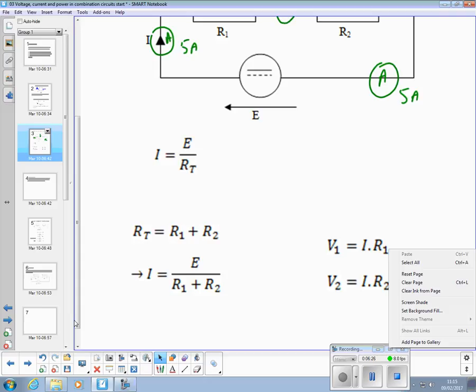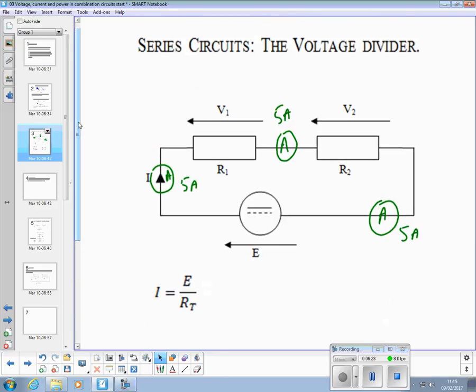What will happen is, we'll get a portion of that voltage. If that's 10 volts, and as you'll see in a little while with an example, if these two were 10 ohms, that voltage would divide equally between those two resistors. We'd get 5 volts and 5 volts.